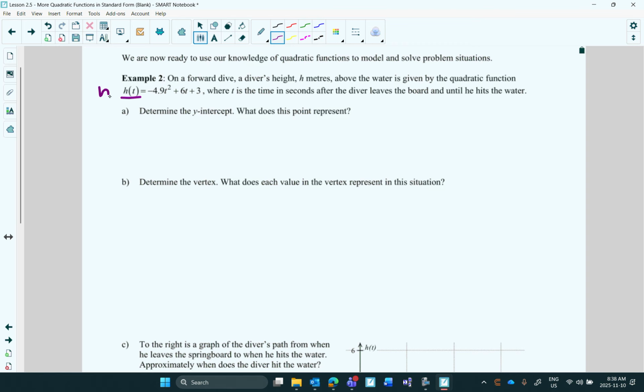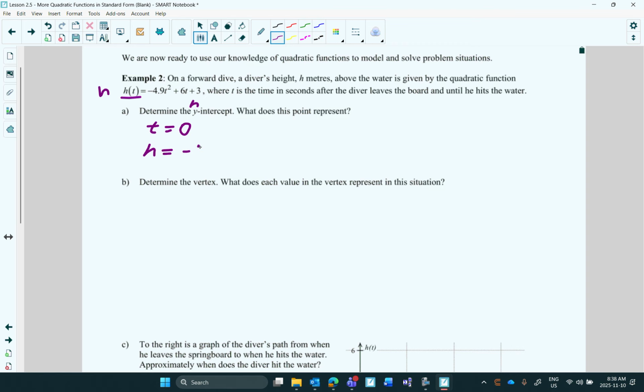Okay, so here's a couple of questions we can answer from this. First of all, we're going to find the y-intercept, or really in this case, because we've replaced x with time and y with height, we're really finding the h-intercept. How do you find the y-intercept of any function? Make x 0, or in this case, t equals 0, and then just calculate.